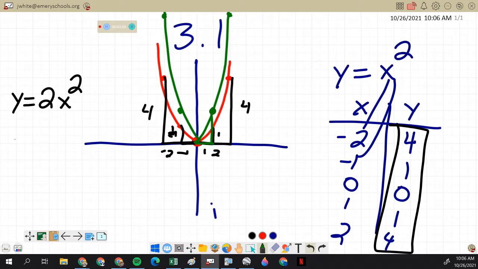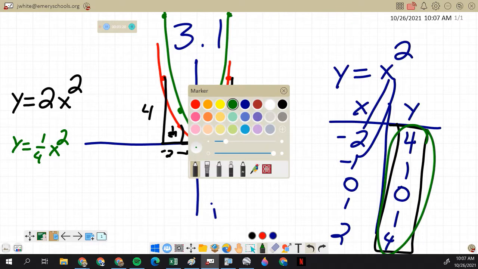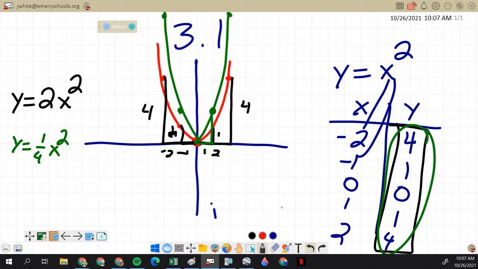Well, what if I had 1/4 x squared? So now instead of over 1, up 1, it will be 1/4 as big as those. So the new parabola will be over 1, and instead of up 1, how far up do I go? 1/4.